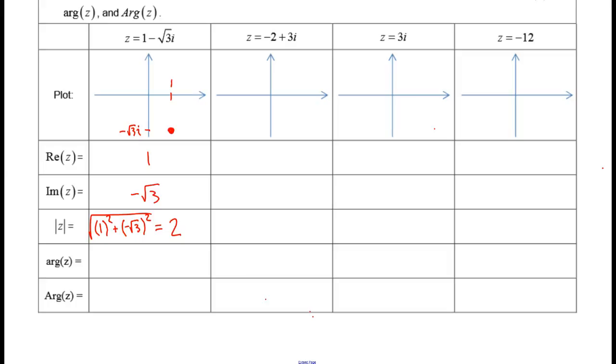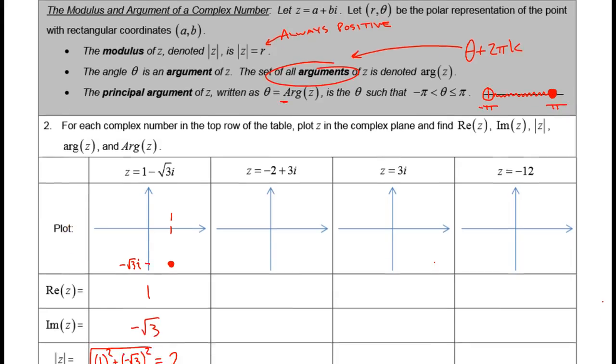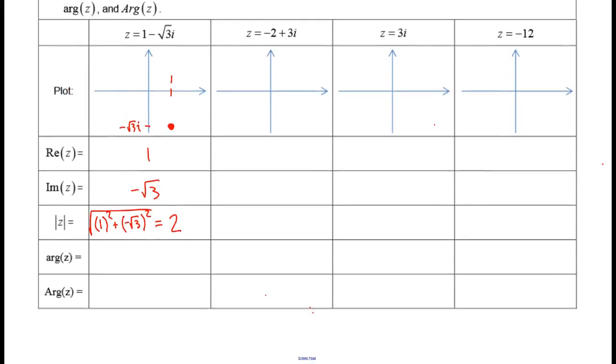Okay, so now let's talk about the argument of z, the family of arguments of z. Well, let's see, I have to consider theta from negative pi to pi. So this is going to be my theta right in there. And it's got an opposite leg with a length of root 3, an adjacent leg of 1.